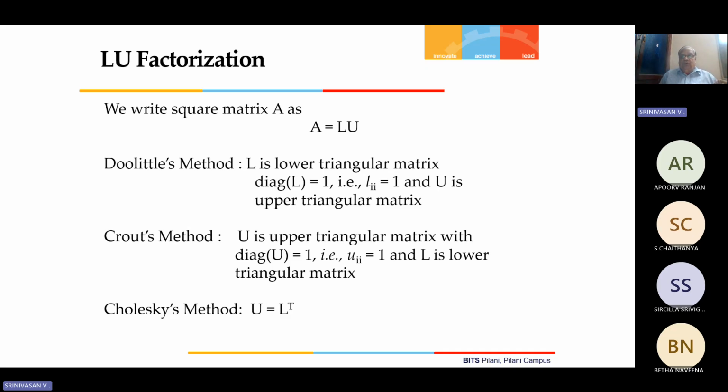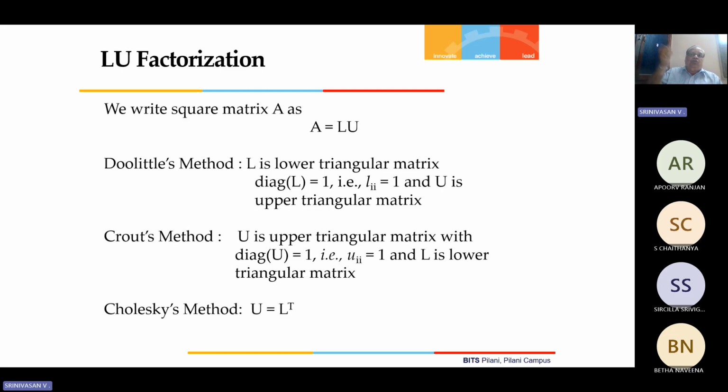importance to, of course, both of them are important, L and U. But there is a special condition: we are giving importance to L in the sense that the principal diagonal elements of L must each be 1. U is just an upper triangular matrix. When it comes to Crout's method, it is just the other way around.